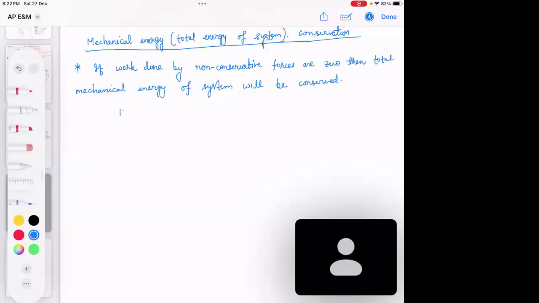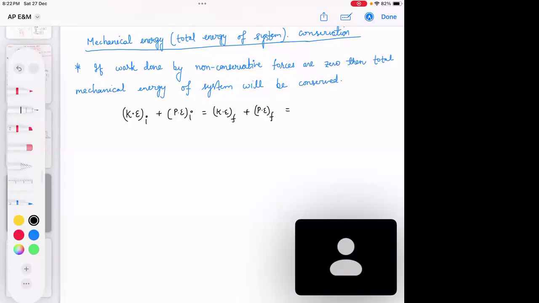If that condition is satisfied, can we say initial kinetic energy of the system plus initial potential energy of the system, and after some time the configuration of the system has changed, then final kinetic energy of the system plus final potential energy of the system are equal?